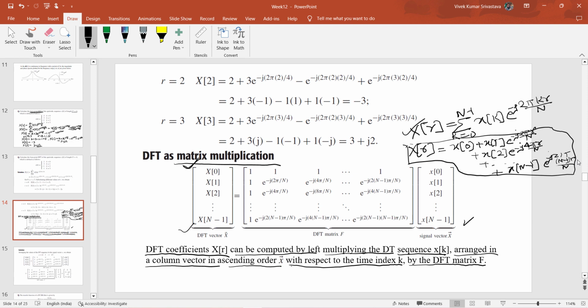Here is the discrete Fourier transform matrix. Directly by multiplying these two, we can easily determine the discrete Fourier coefficients.